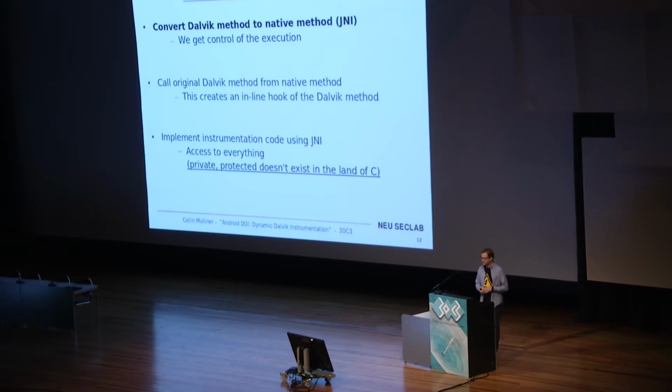So let's start by looking at the instrumentation. The basic idea of the instrumentation is we convert a Dalvik method to a native method, more specifically to a JNI, a Java Native Interface call. This is how we get control of the execution. And from there, once we execute in the JNI call, we can call back to the framework, and we can call the original function we just took.